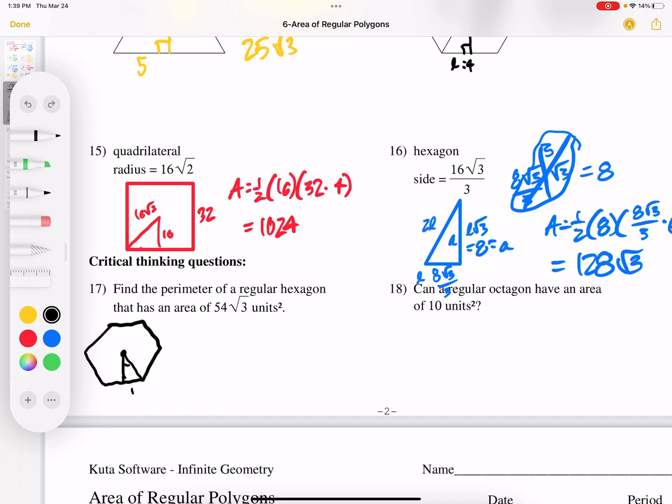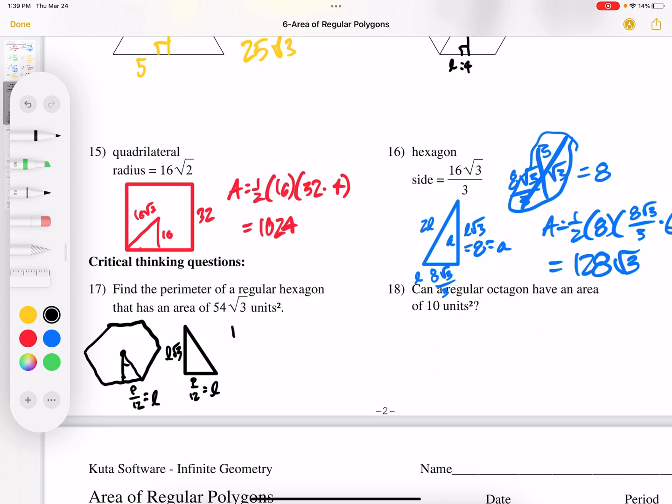This number right here is P over 12, right? But that P over 12 is also equal to L. So this part right here in my 30, 60, 90 triangle is P over 12, which is equal to L. This is L square root of 3. So if L is equal to P over 12, then L square root of 3 is equal to P square root of 3 over 12. So that is always the relationship between the apothem and the perimeter. The apothem is always equal to P square root of 3 over 12.